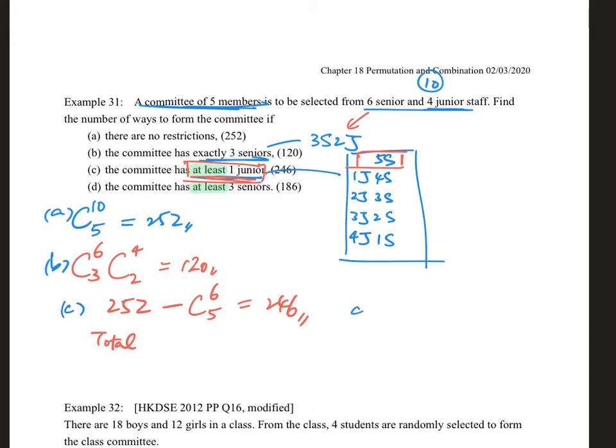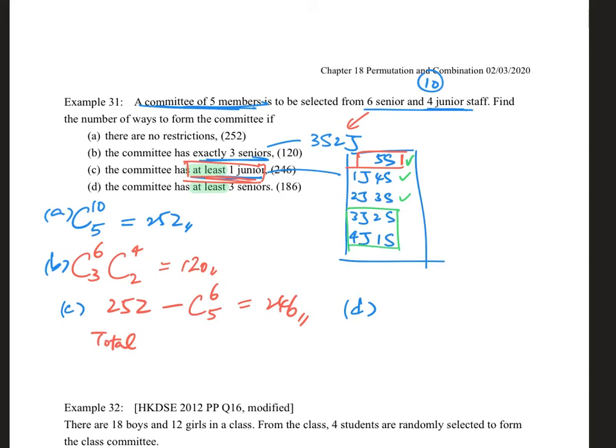And then at last, if you want to talk about at least 3 senior, then we may do it in a similar way. At least 3 senior will be these 3 cases. So we can calculate these 3 cases one by one, or we can use subtraction as well.